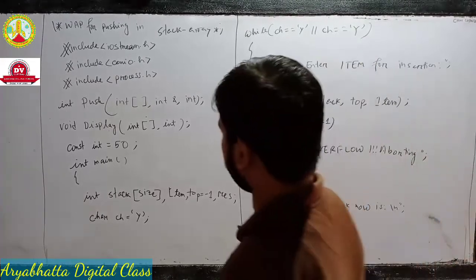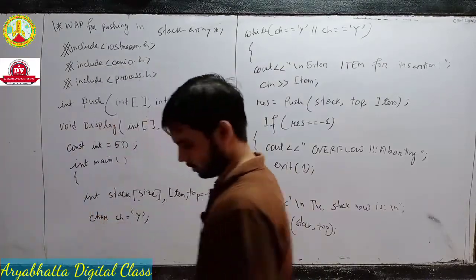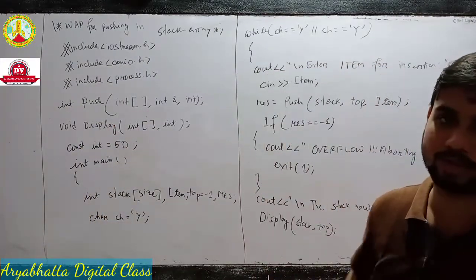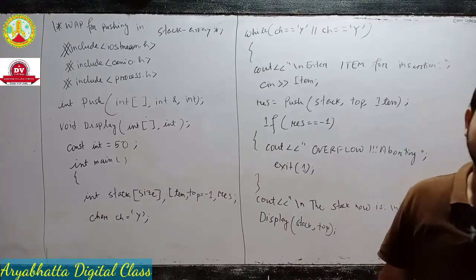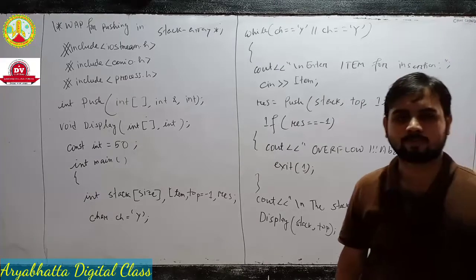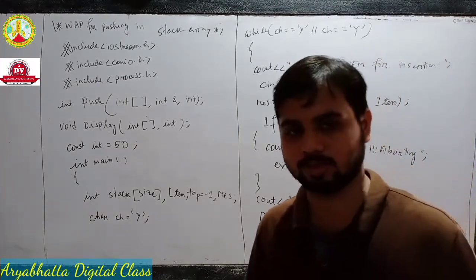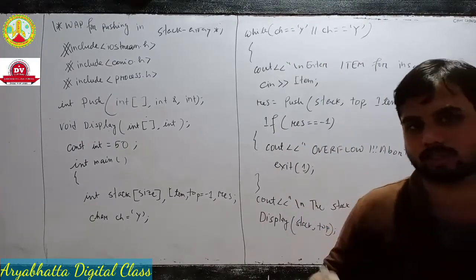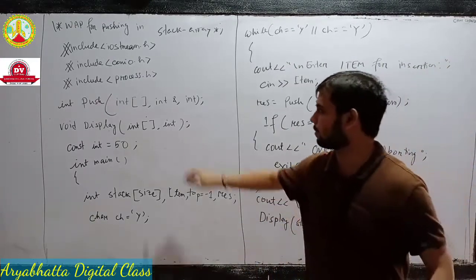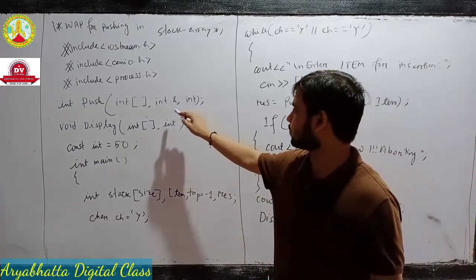One is an array, the second one is a reference, because top is the index, that's why we take it as a reference. In a stack, top is what? Top is the index, not the element, so when you insert an element, your top will be incremented, means the index will be incremented. That's why we take top as ampersand, means as a reference, right? And item.